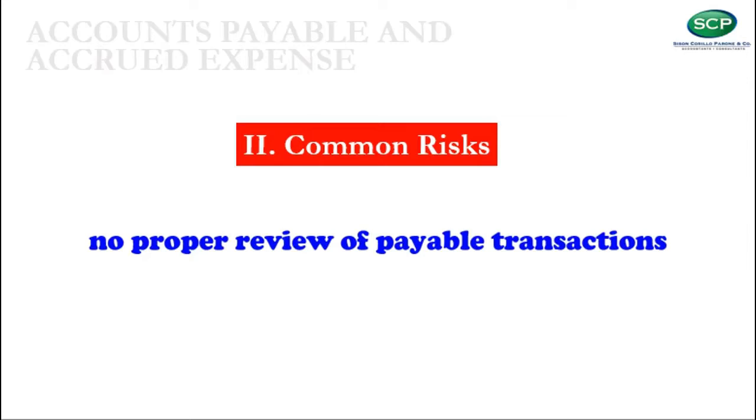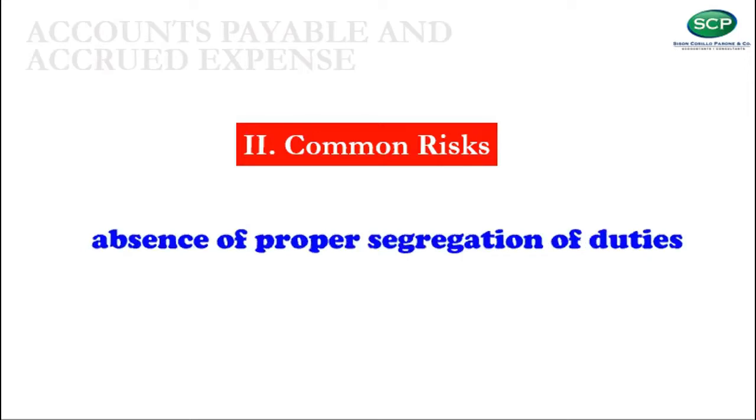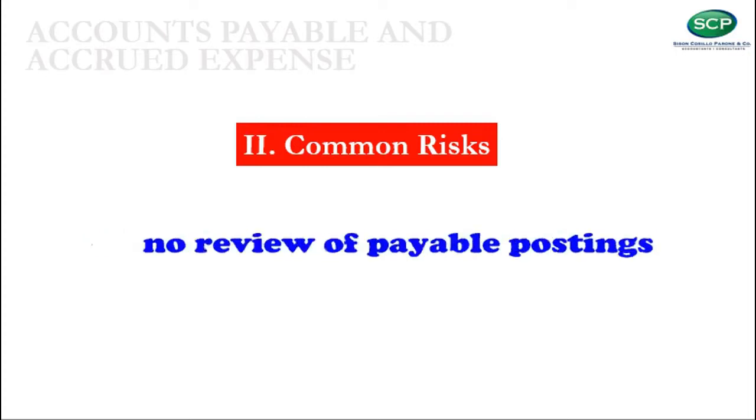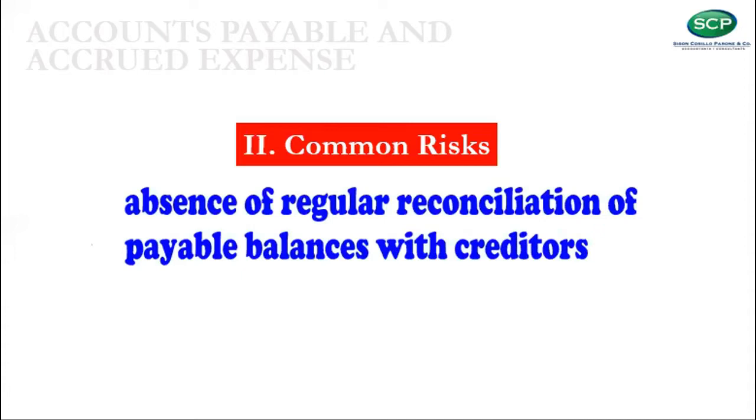Lack of proper review of payable transactions can result from weak controls, such as but not limited to the absence of segregation of duties, no review of payable postings, and or absence of regular reconciliation of payable balances with creditors.